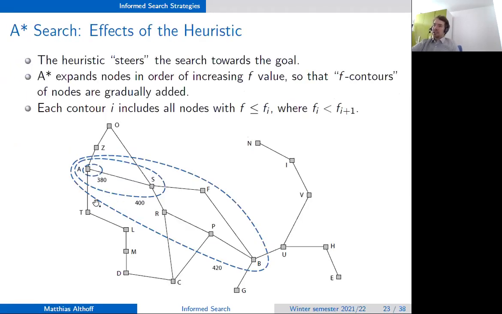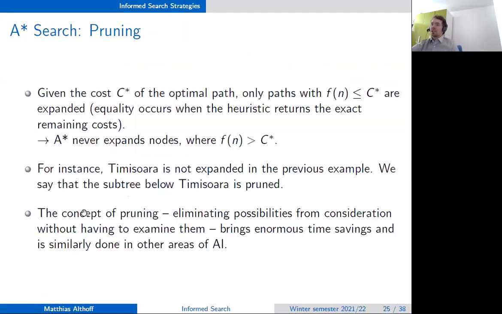So here you can see the T, this is Timisoara. We say that the subtree below Timisoara is pruned. And this concept of pruning is used a lot in AI because it, of course, brings enormous time and space savings. So we will not only use this concept today, but also in the next lecture when we talk about constraint satisfaction problems.